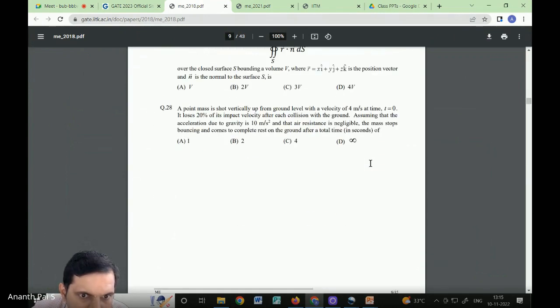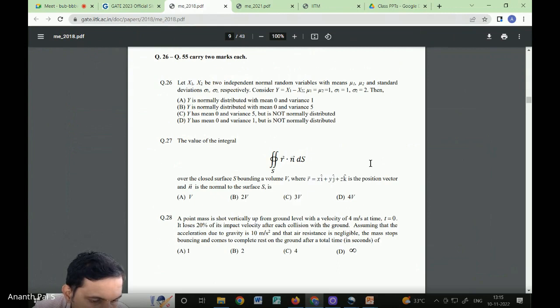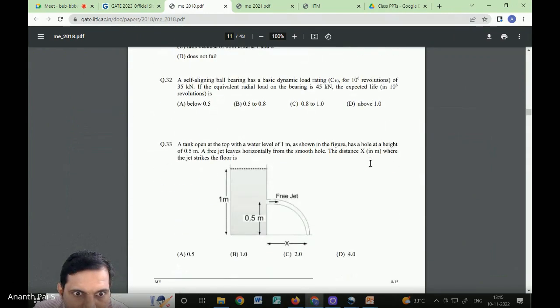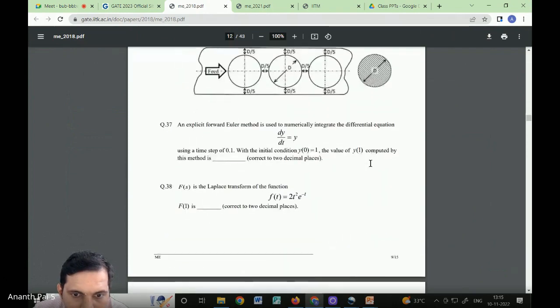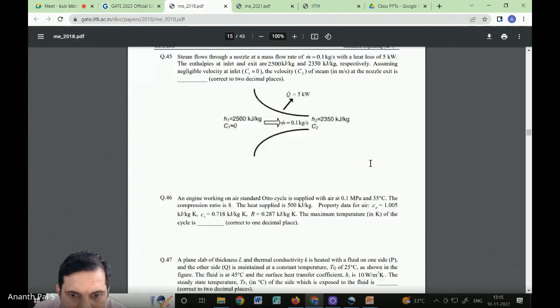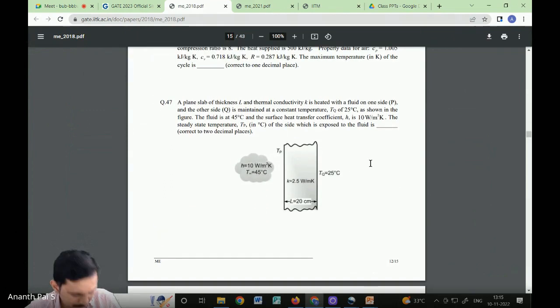The question starts with a plane slab, a plane slab. Yeah, this question.